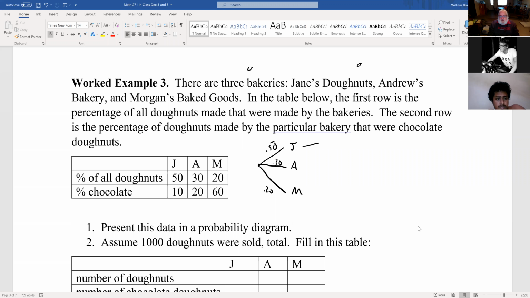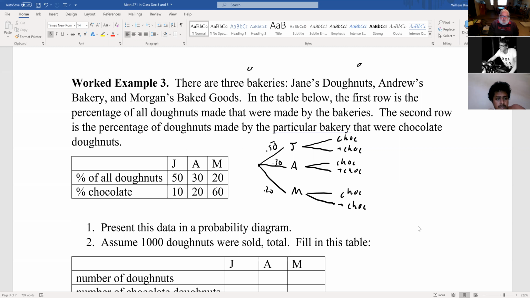And then we can break up their output for each bakery into 2 categories: chocolate and not chocolate, right? Either they make chocolate ones or they make not chocolate ones. I'm using the symbol from the logic section for not.